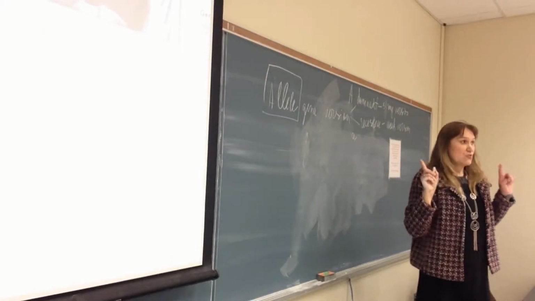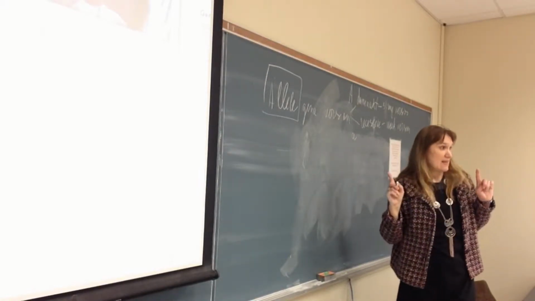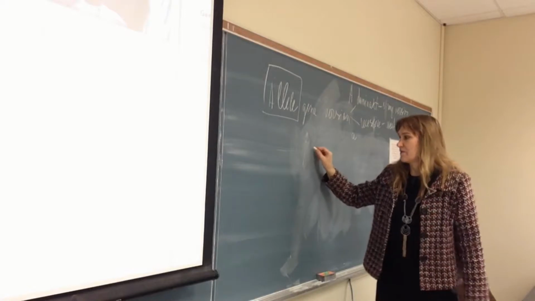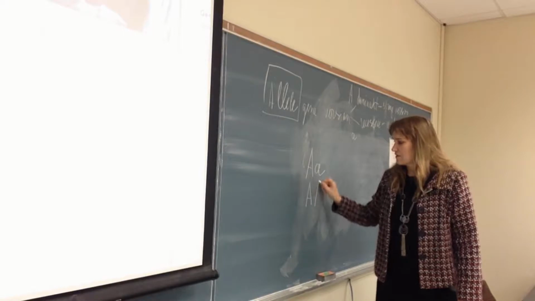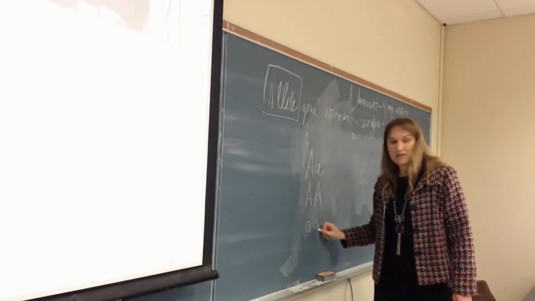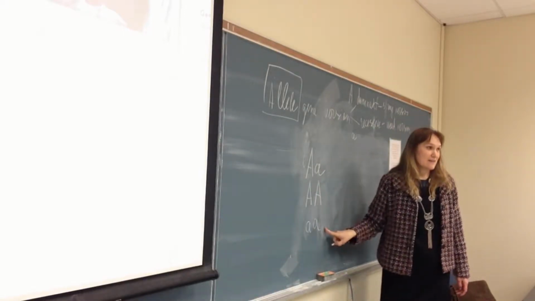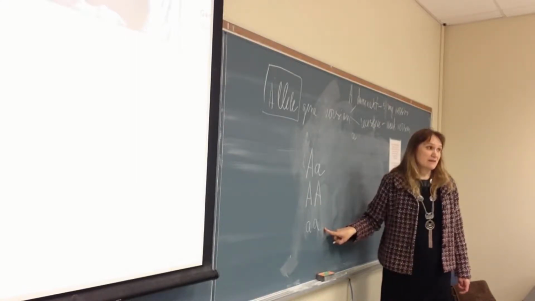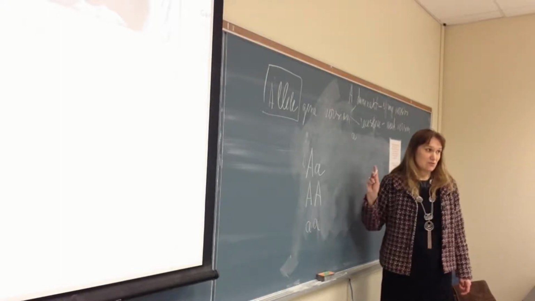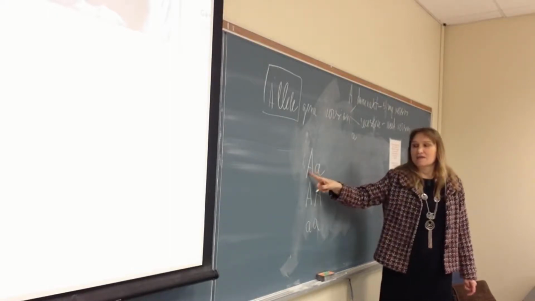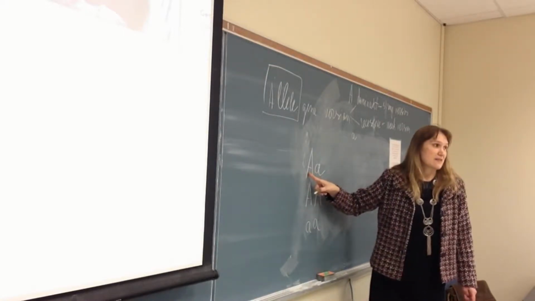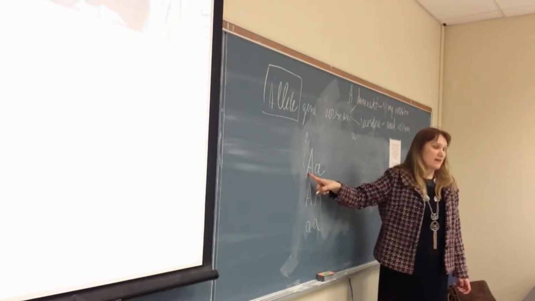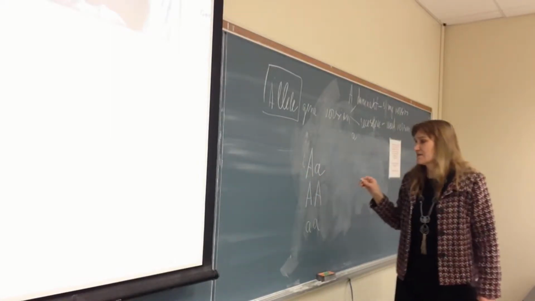So if we have two alleles in every genotype, the combinations would be like that, right? Gene A, and you always have to mark the alleles for this gene, 2 letters. And the size of the letter defines if the allele is dominant or recessive.